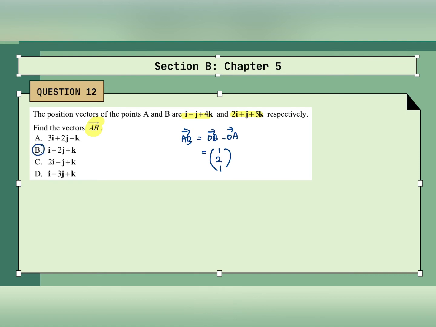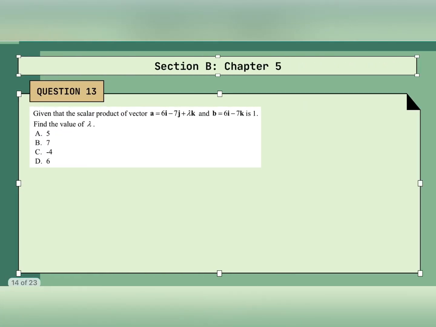Okay. Now question number 13. Given that the scalar product, okay, scalar product tu apa dia? Scalar product adalah kita punya dot product. Okay, dot product between A and B equals to 1. Find the value of lambda.